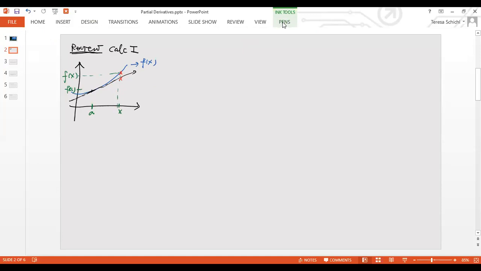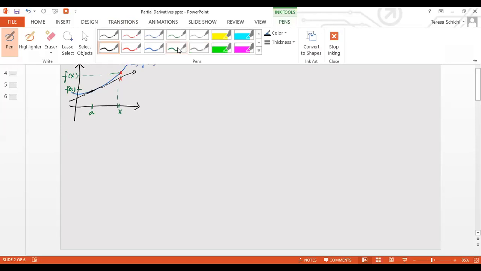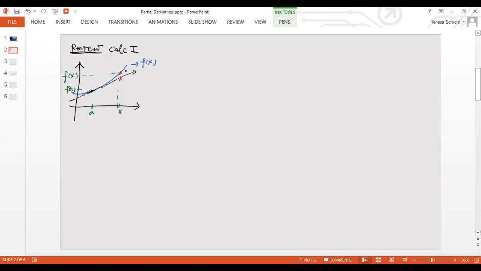Okay, so like in calculus 1, if you have 2 points and you connect them, that will be a secant line, right? If you still remember that, if you connect these 2 points, it will be the slope of the secant line.